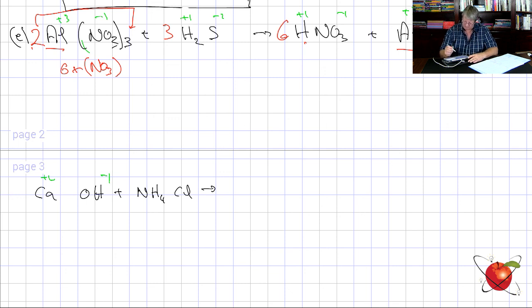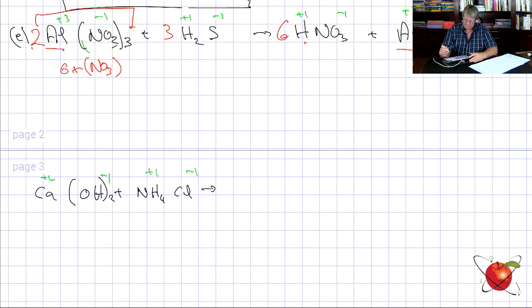What have I got here? Ca is plus 2 and OH is minus 1, so we need to have 2 of those. Ammonium is a plus 1, chlorine minus 1, so that's balanced.